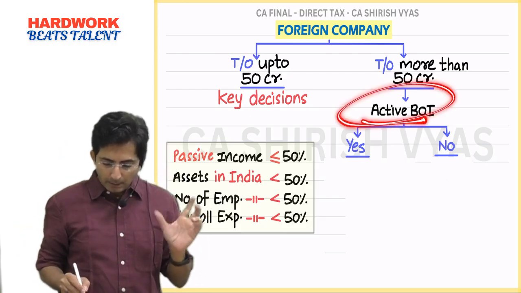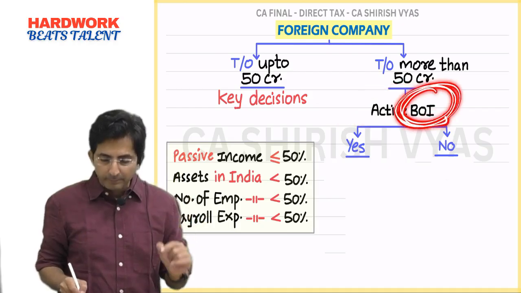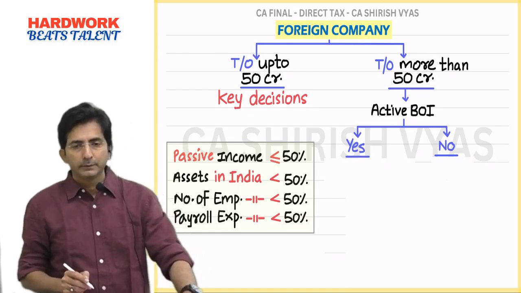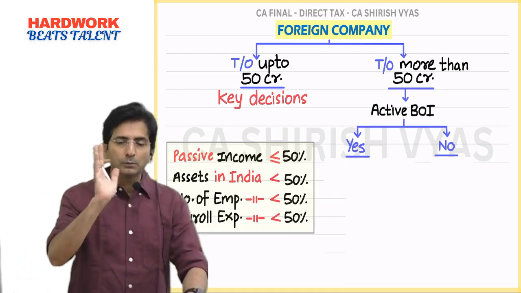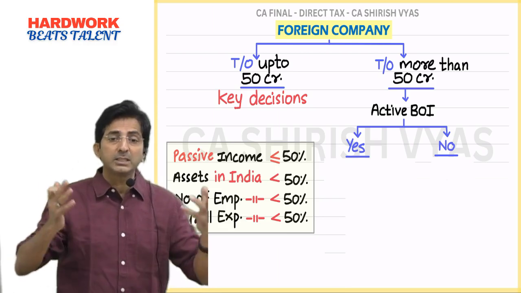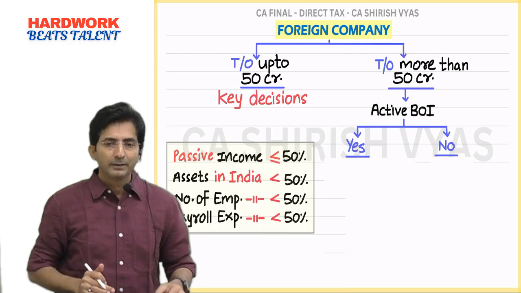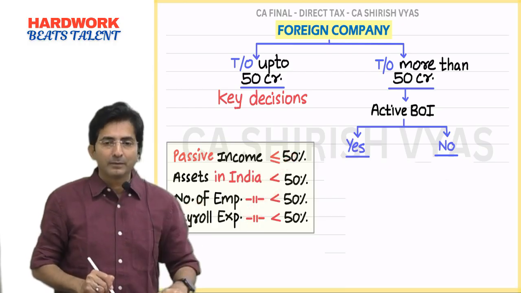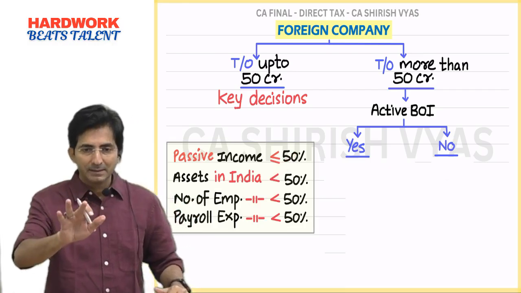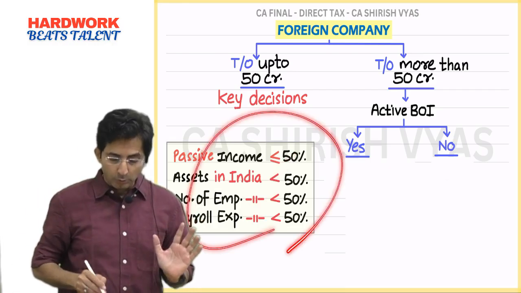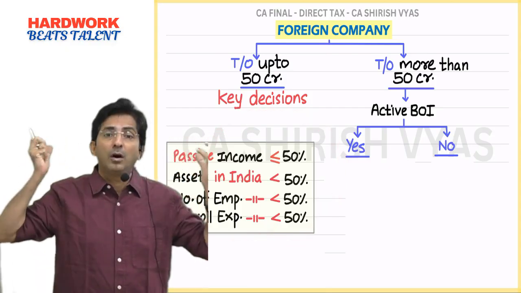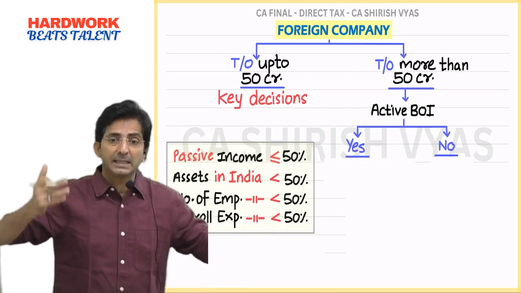And then how to prove your business is outside? Tell me, to earn active income, what do you need? What do companies need to earn active income? Machines, staff. So see, the next condition is on machines and staff. Not literally machines, assets. This is trying to show that first we are surviving on active income, and to earn active income, we need assets and staff.